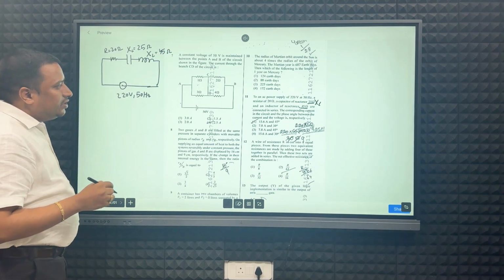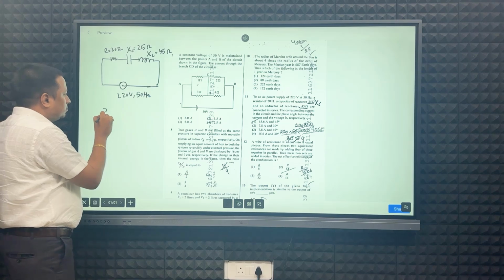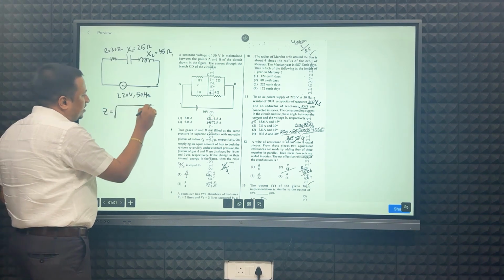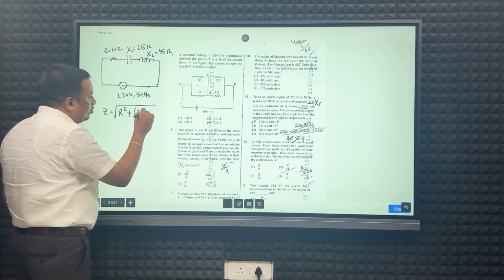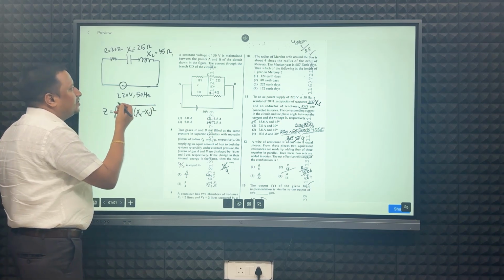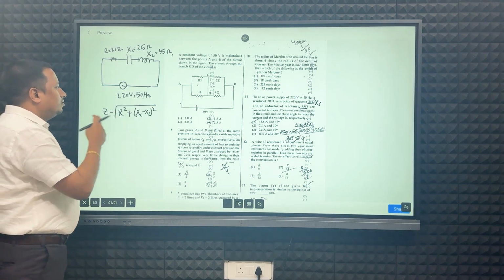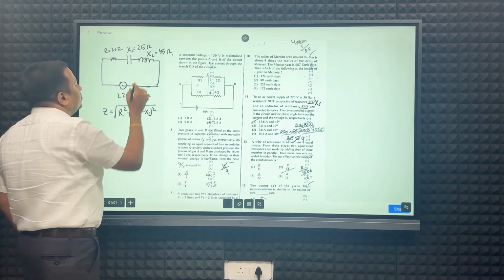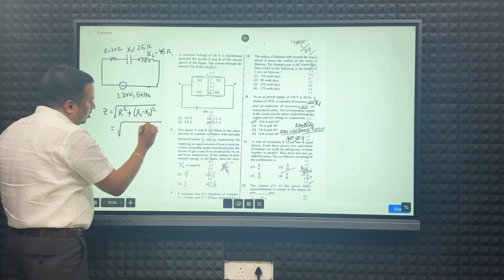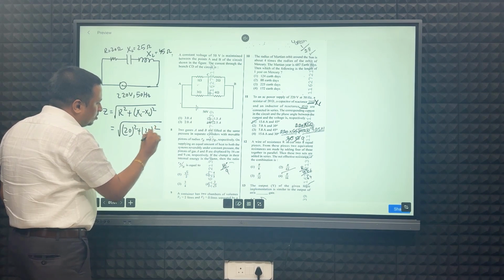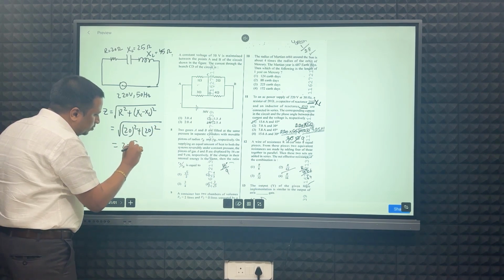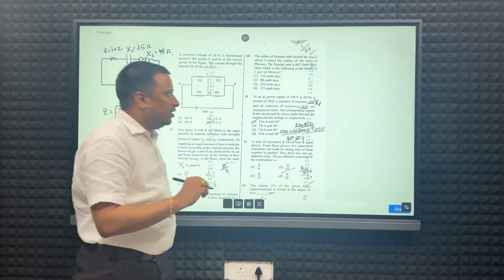First of all, we need to find the Z value. Z will be the square root of R² plus (XL minus XC)², whichever is larger. 45 minus 25 is 20, so under root 20² plus 20². It will give me 20 root 2. This is the Z value.